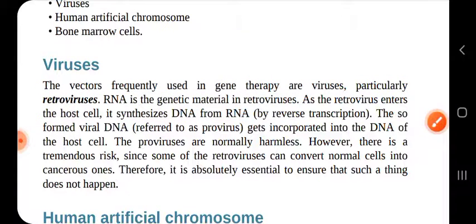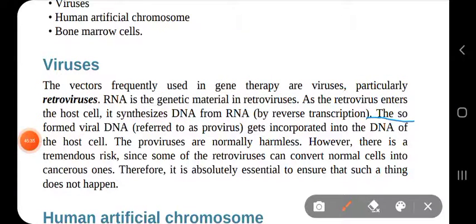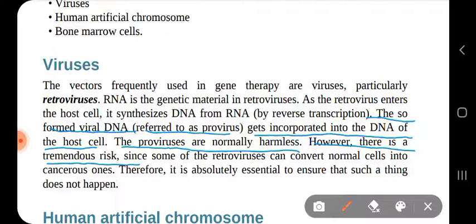So this is a normal process, right? The so formed viral DNA, referred to as provirus, gets incorporated into the host cell. Now these proviruses are normally harmless. However, there is a tremendous risk since some of the retroviruses can convert normal cells into cancerous ones.